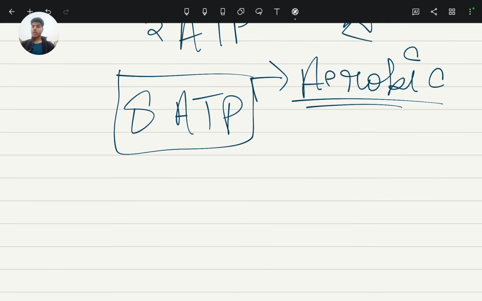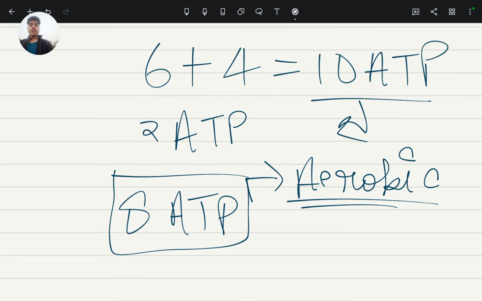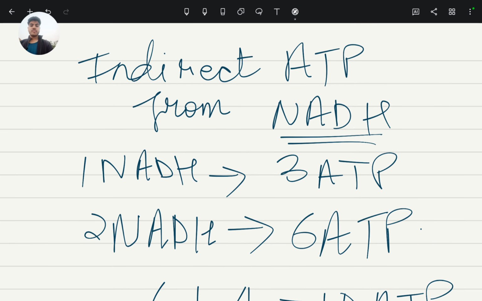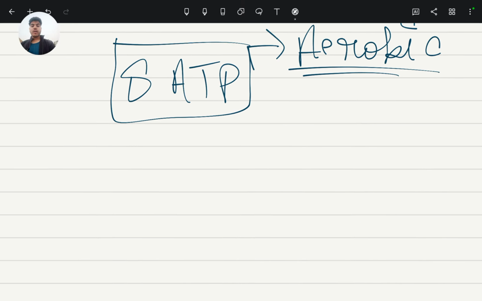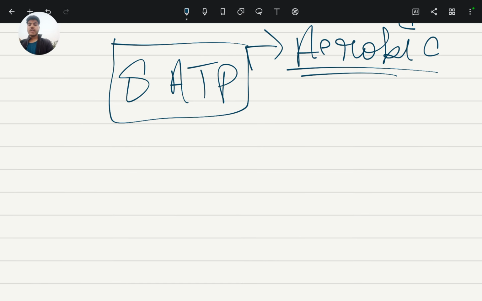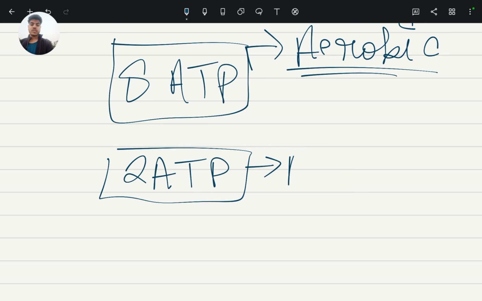In case of anaerobic respiration, these indirect ATP are not formed. So in anaerobic respiration, the net gain of ATP is 2.